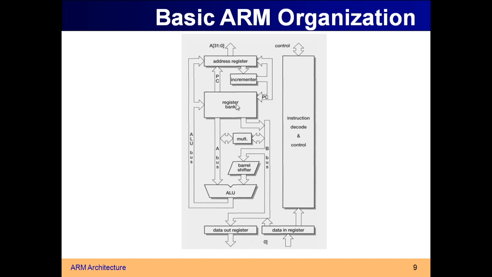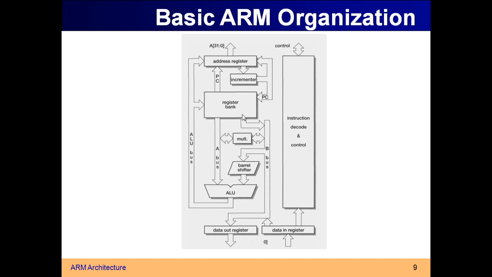And in the B bus you have the barrel shifter, which I have told you about. So you can shift only the second operand which is connected to the ALU. The first operand will be sent directly to the ALU. The second operand goes through the barrel shifter. So if you want to shift a number, it should be taken as the second operand. Barrel shifter means multiple bits can be shifted at a time in a single cycle.